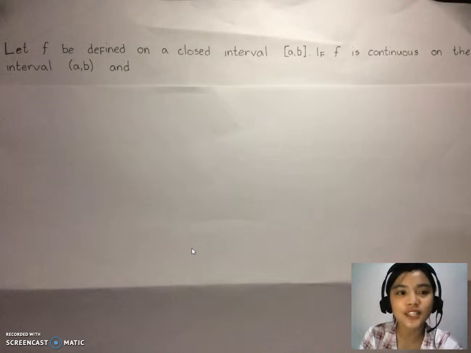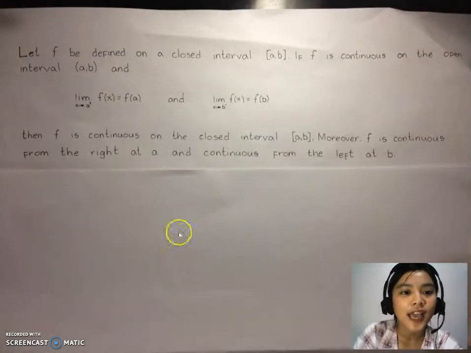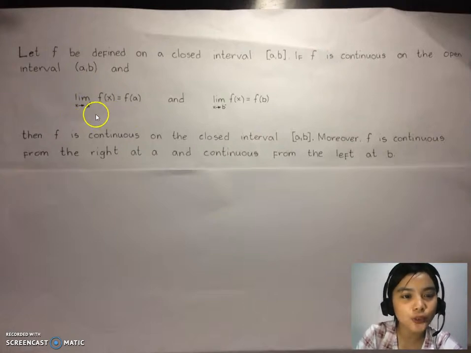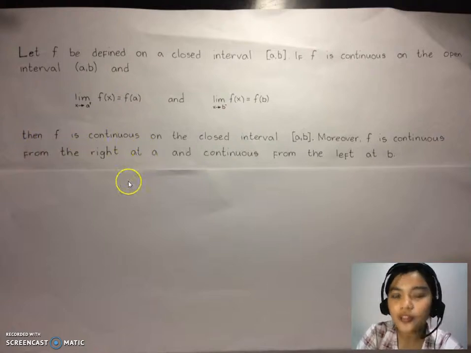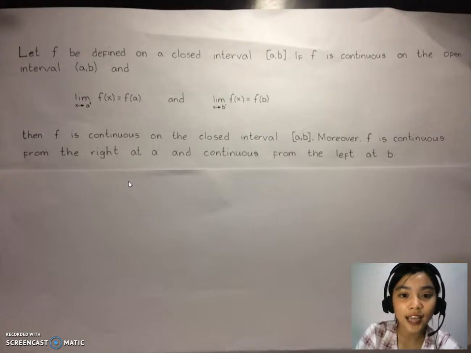If f is continuous on the interval a, b, and the limit of f of x as x approaches a from the right is equal to f of a, and the limit of f of x as x approaches b from the left is equal to f of b, then f is continuous on the closed interval a, b. Moreover, f is continuous from the right at a and continuous from the left at b.